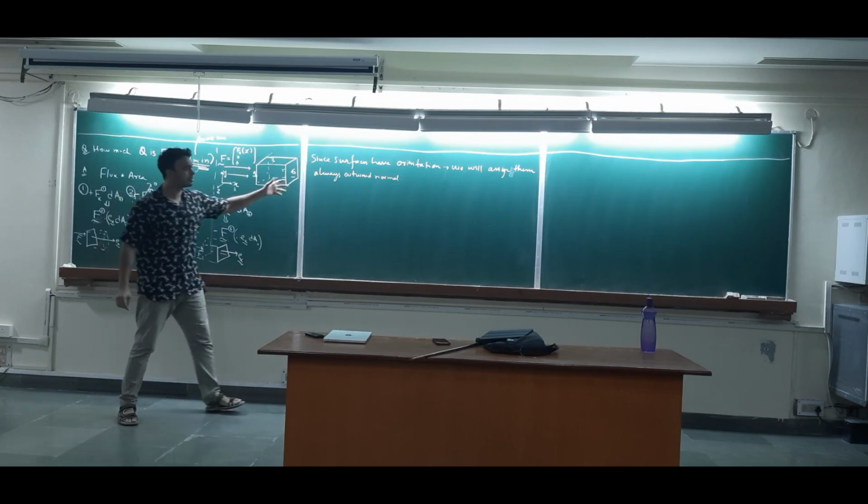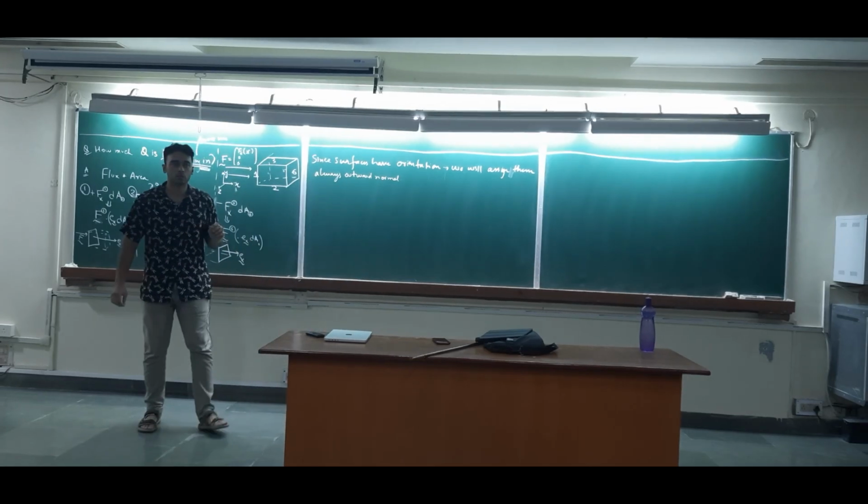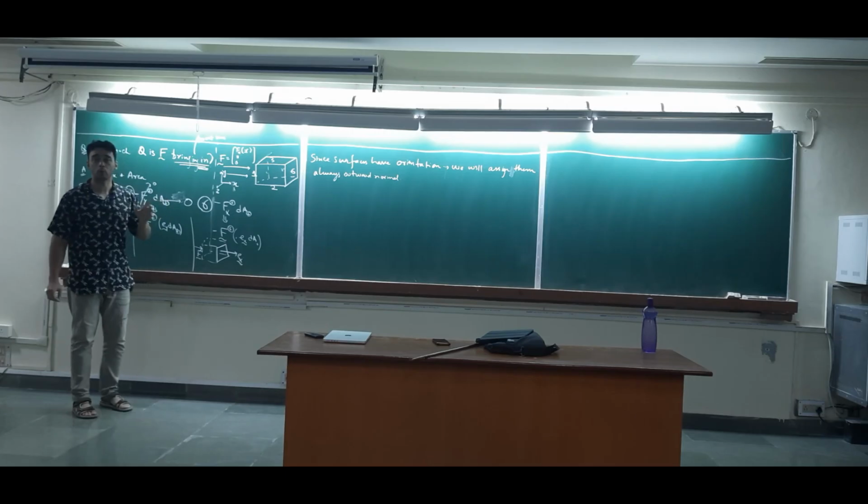Okay, I'm writing very informally. This English could be here and there. That's fine, but you get the idea. That's most important. So, since surfaces have a direction, we'll assign them always outward normal.